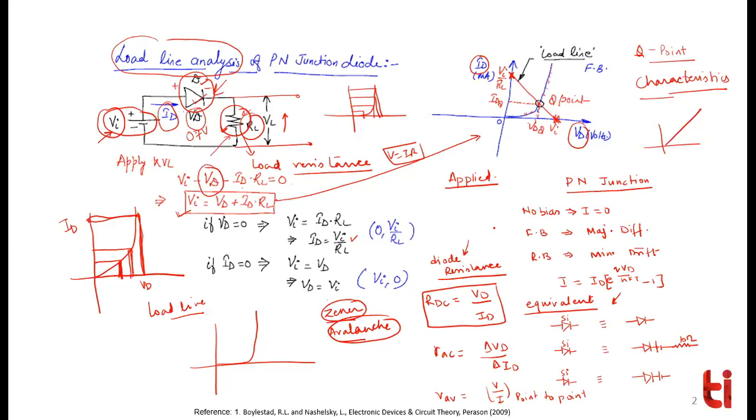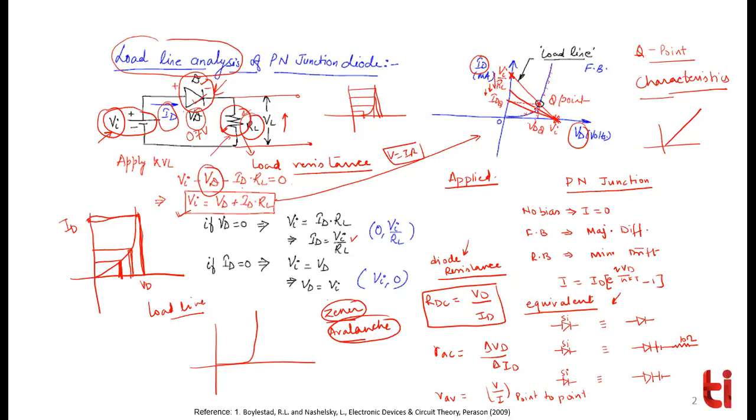It's very, very simple now. If you increase RL, this point is going to shift downward, definitely, because RL is in the denominator. If RL increases, this term's value decreases. So you may have the load line like this, or like this. What does it mean?